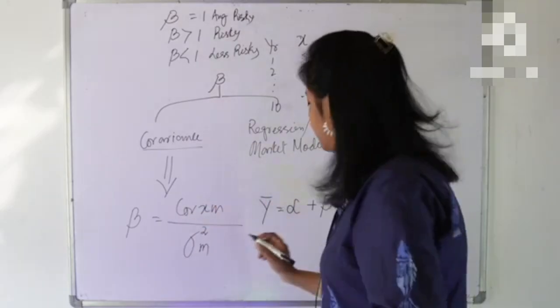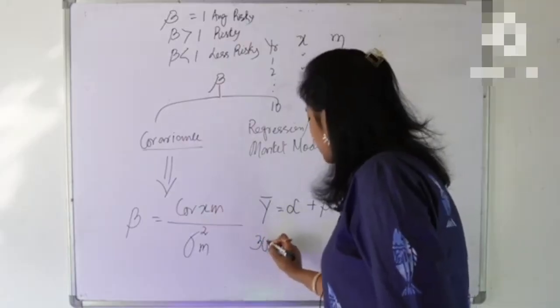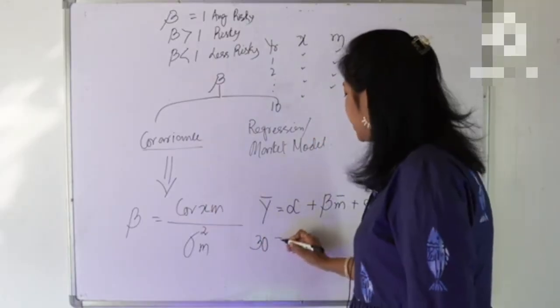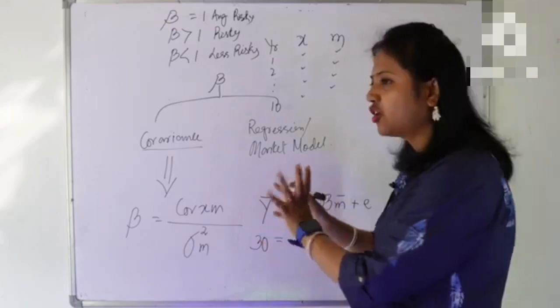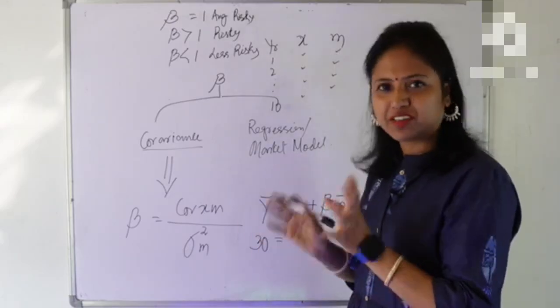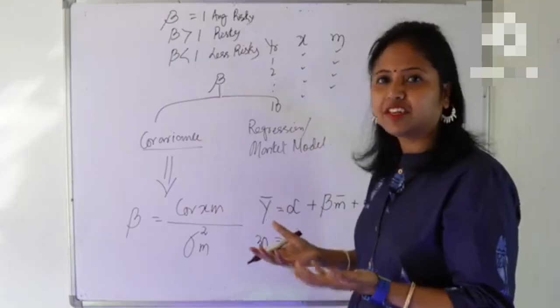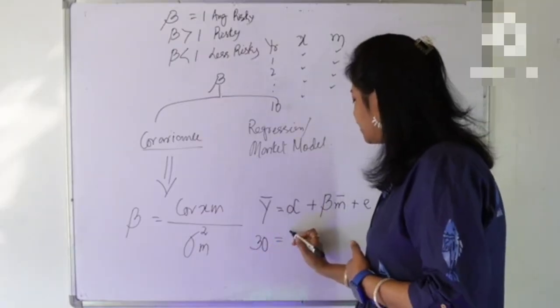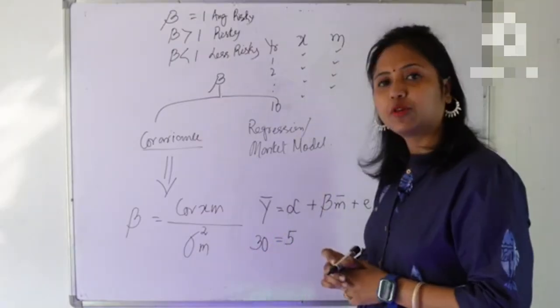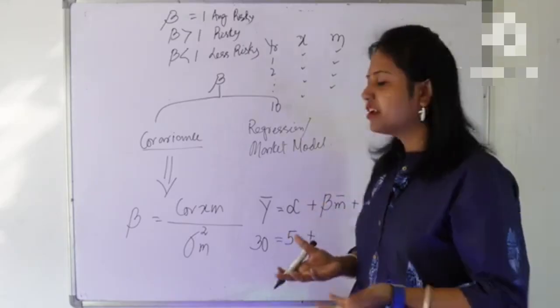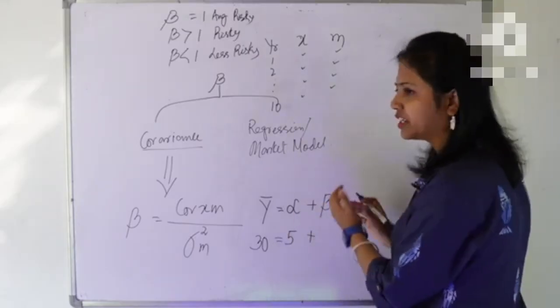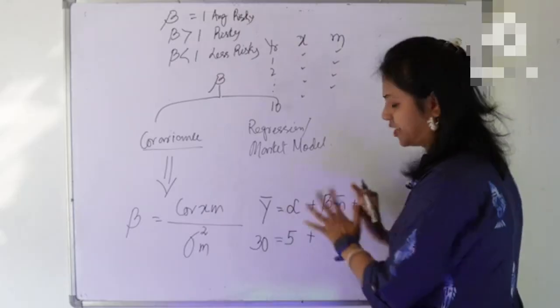As an investor, suppose I am earning 30 rupees as my total return. A part of this 30 is fixed, alpha. That means it is not related to any market movements, ups and downs. It may be the fixed dividend I get from my share, say rupees 5. So the remaining 25 comes from the market movements, ups and downs.